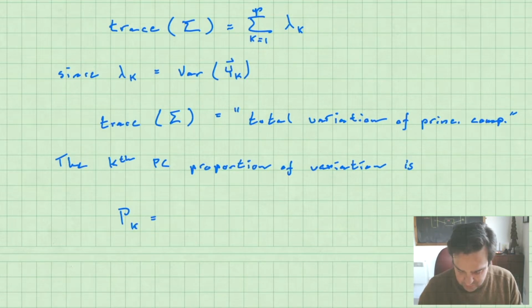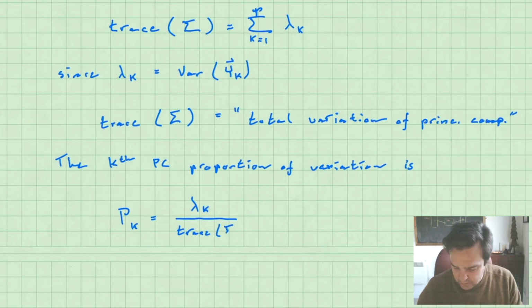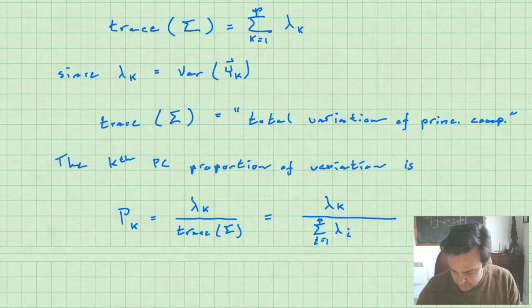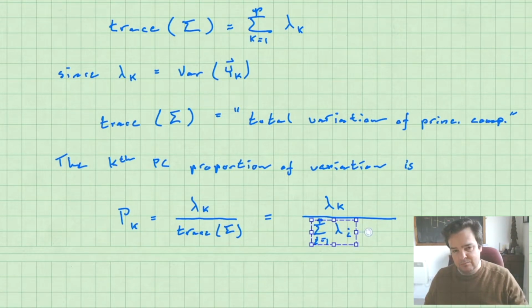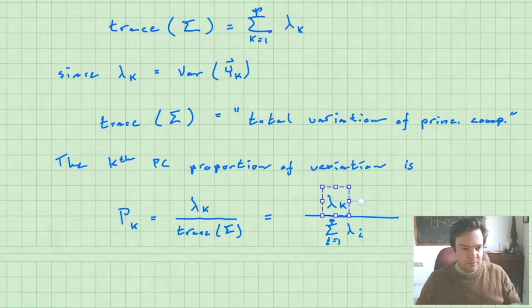That's just the variance for that one column divided by the total variance, the trace of sigma. Or, if you wish, you don't have to reference sigma at all. It's lambda k divided by the sum over i equals 1 to p of lambda i. That expression gives you the proportion of variance explained by the spread of the data on principal component k.